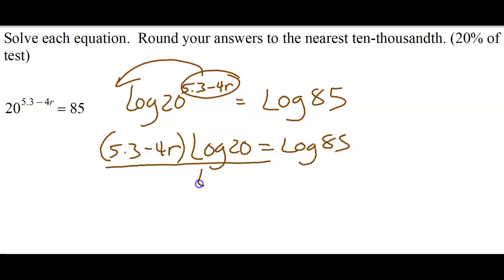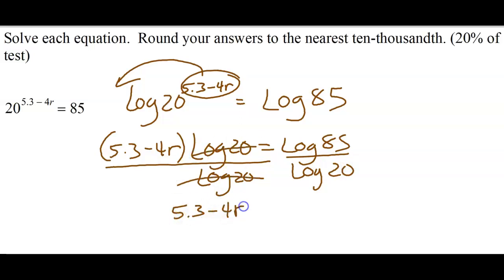We're going to divide the log out. Calculator time. So log 85 divided by log 20. 1.483.